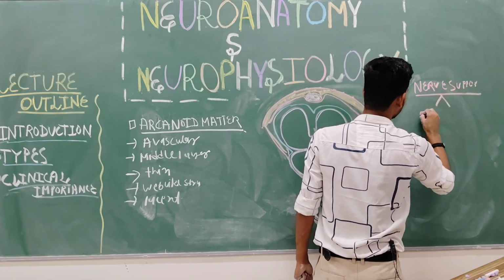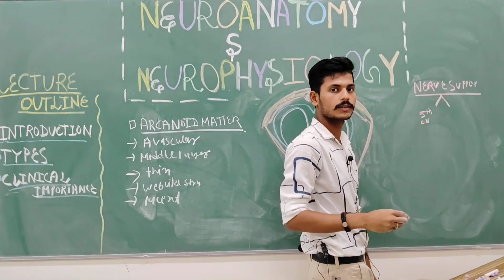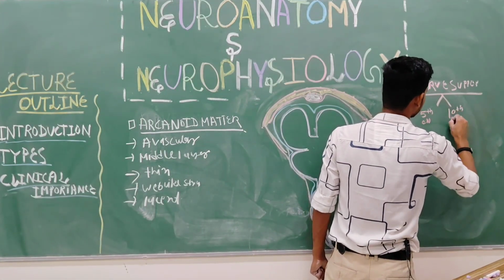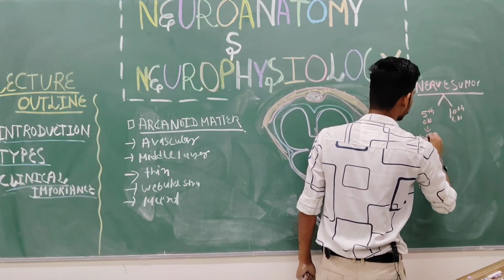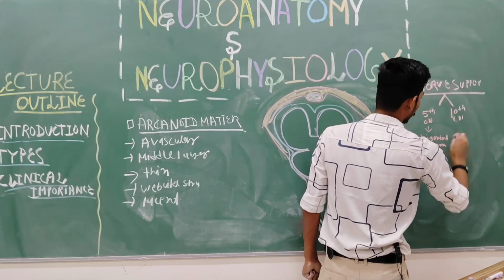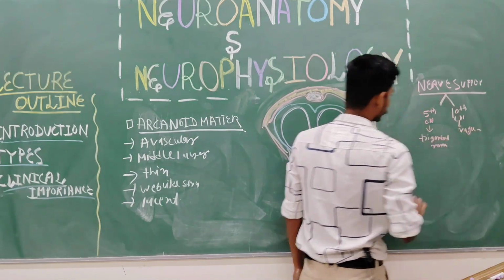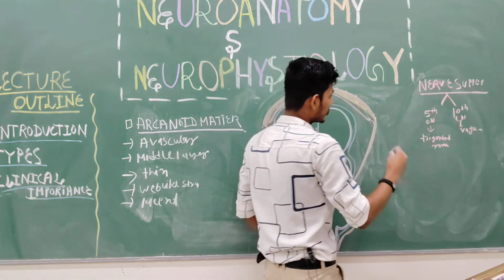First one is your 5th cranial nerve, another one is your 10th cranial nerve. The 5th cranial nerve is your trigeminal nerve, and the 10th cranial nerve is your vagus nerve. No problem?